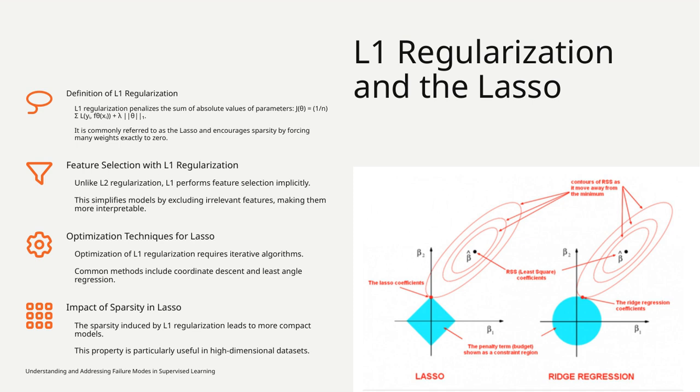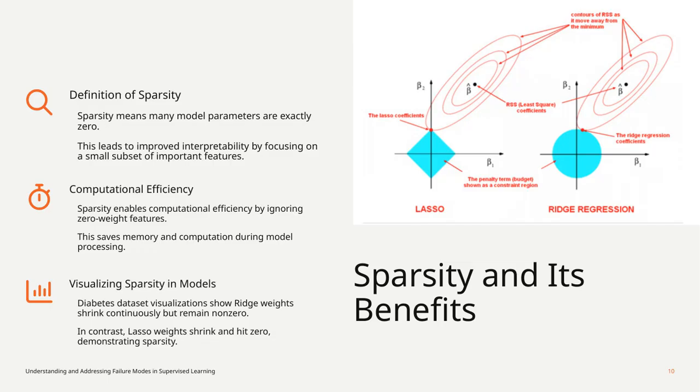So, to sum up, L1 regularization, or the lasso, is a powerful tool in our supervised learning toolkit. It helps us create simpler, more interpretable models by selecting features automatically and reducing overfitting, especially when working with large, complex datasets.